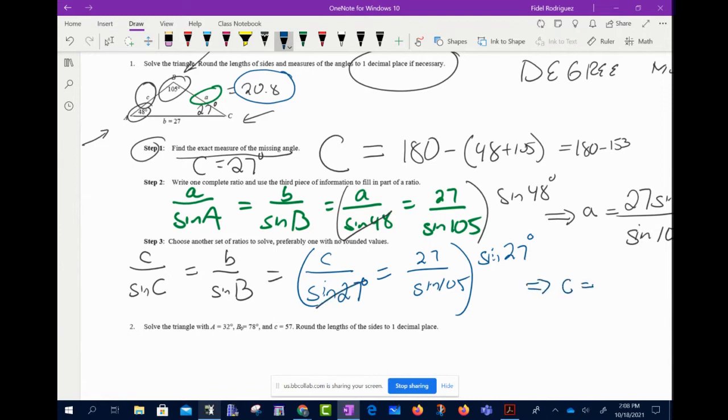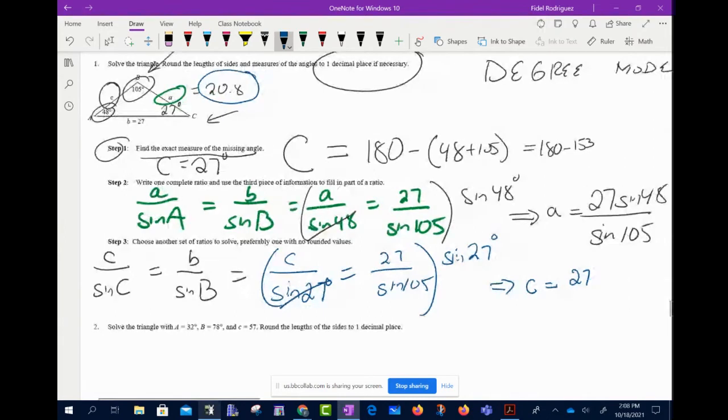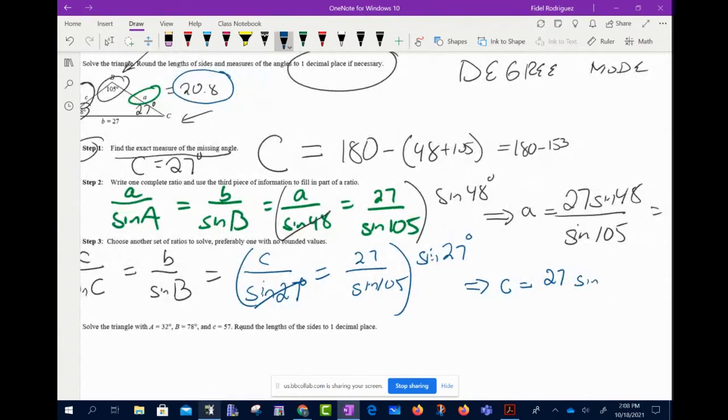That leaves me with c equals 27 sine of 27 over sine of 105.